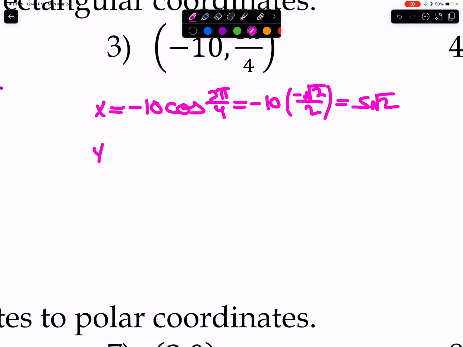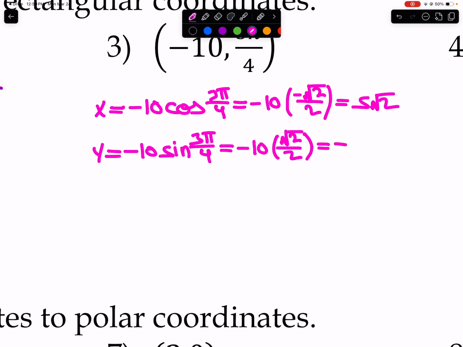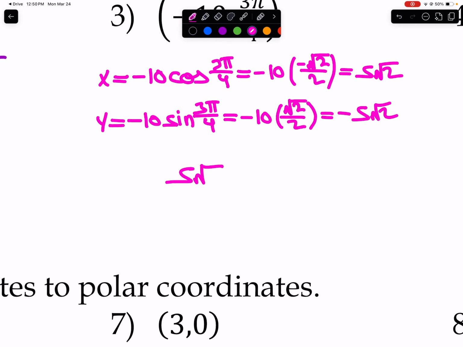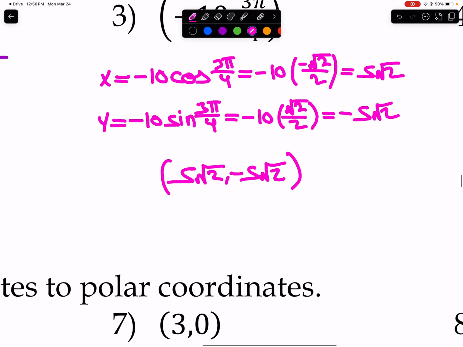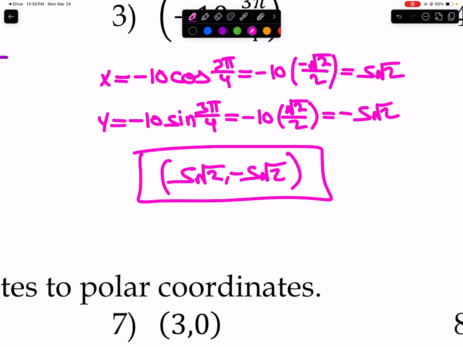And then for my y component, -10 sine 3 pi over 4, which is going to be -10 times positive root 2 over 2, since we're in quadrant 2, which will give you -5 root 2. So my coordinate here is 5 root 2, comma, -5 root 2. Ta-da!